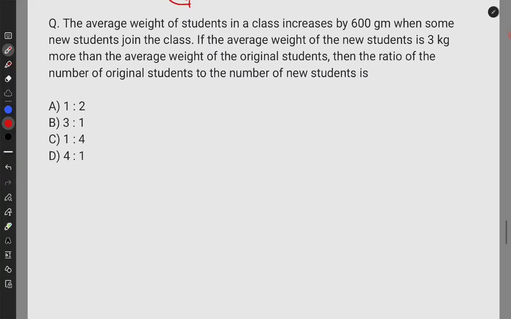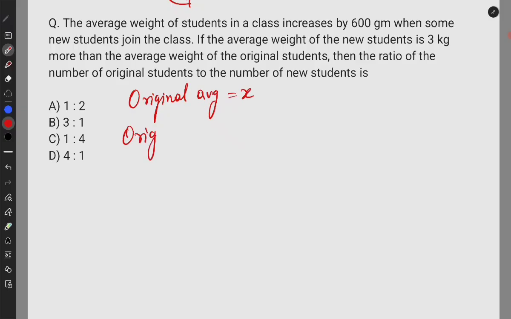I guess the last question. The average weight of students in a class increases by 600 grams when some new students join the class. So the original average we don't know. Let's say the original average be x.